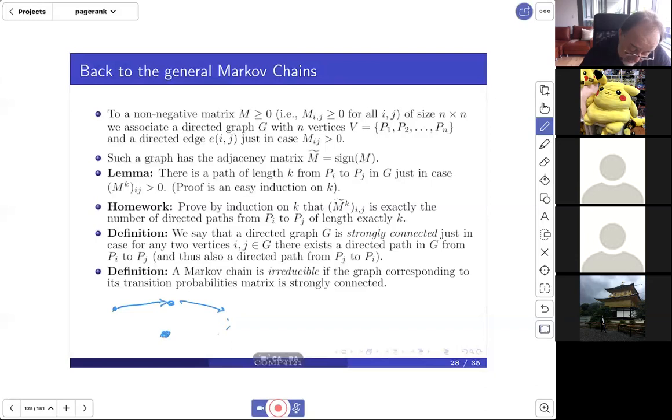I claim that with the random surfer, lo and behold, this Markov chain is irreducible.